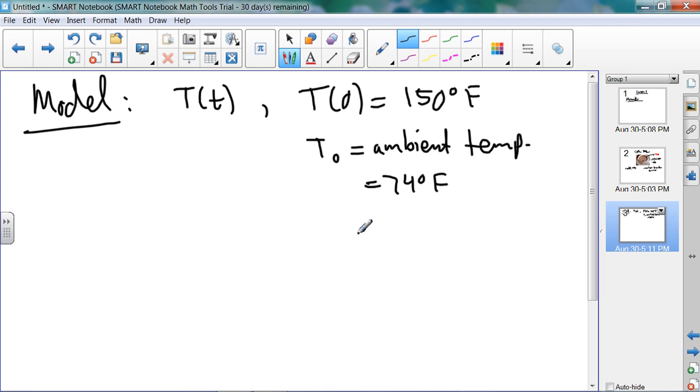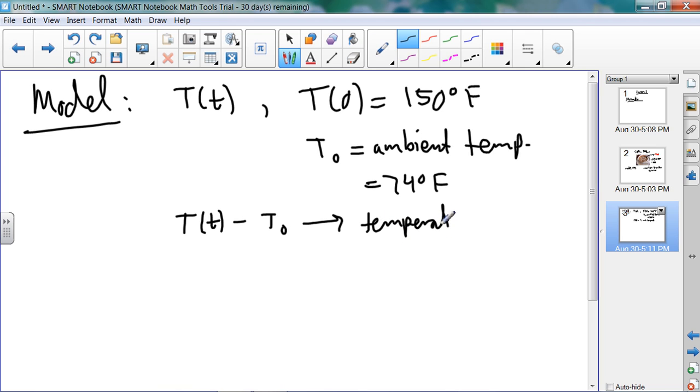So we can pretty much see that based on our conception of why the coffee cools down, what really matters is the quantity T minus T0. So this is the temperature difference.